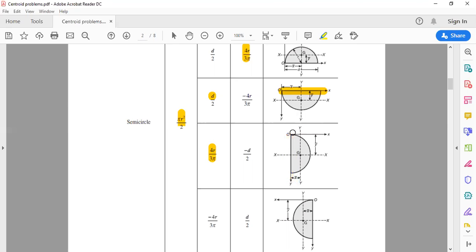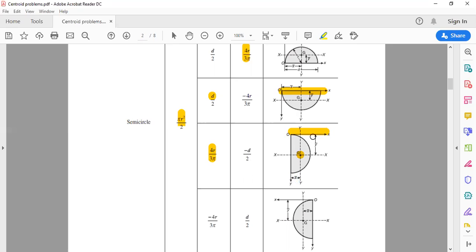Y bar. We all know that y bar is measured from reference x-axis. So the distance of centroid from x-axis is d by 2, where d is the diameter.